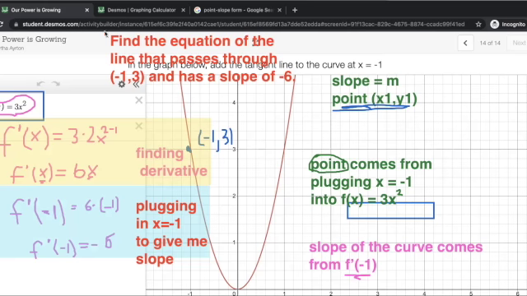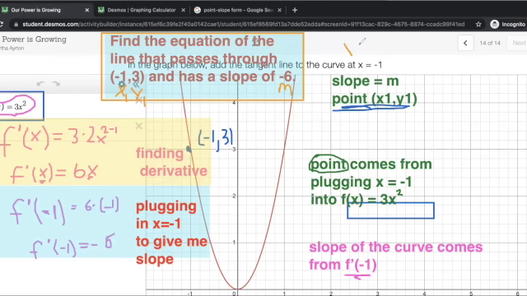So this is a question that, at least in theory, we've seen before. Are there any questions about how we've translated this question to a different question, and a question that we could have done earlier now that we know the slope? Does that make sense? And so now this -1, 3 is my x1, y1, and my m is -6.